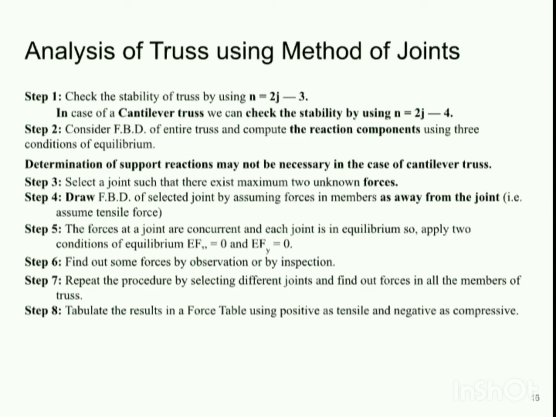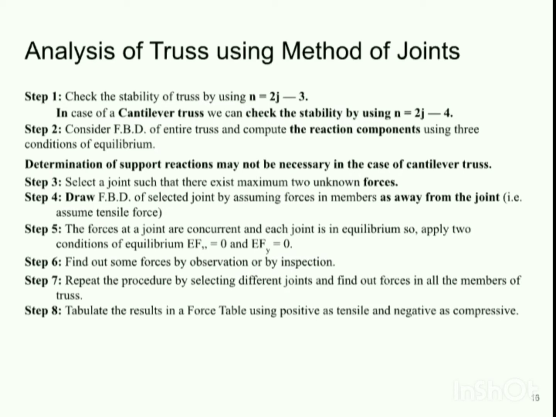Now over here, as the truss is in equilibrium, if we isolate the different parts of the truss, that is if we isolate the members, horizontal, vertical or inclined, or the joints of a truss, then these joints should also be in equilibrium.